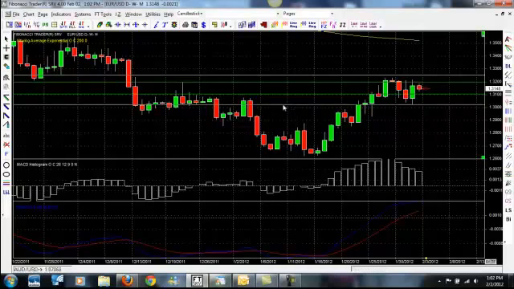Then we're going to buy again, and the profit target on that is 31. Okay, I'm trying to look at my data sheet here. My gosh, guys, we set up 7 new trades today, so I'm trying to dig through this. So we're going to buy here again at 30.22 with a stop at 29.12.